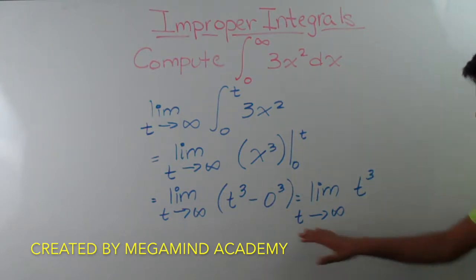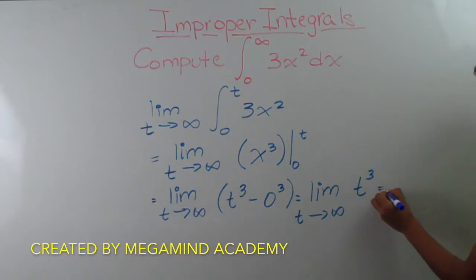Now the limit as t approaches infinity of t cubed would be infinity. So that's our answer, right?